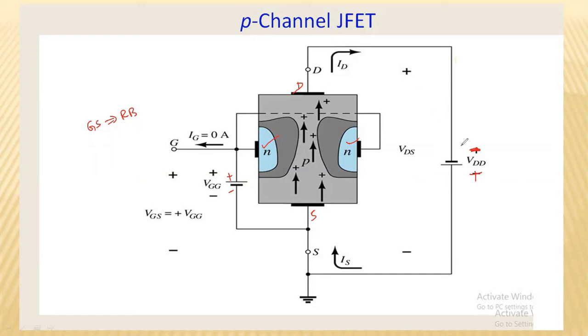In this case, the direction of current is the same as the hole flow, because holes are moving from source to drain. The conventional current direction is the same as the hole flow. Therefore, the drain current direction is from source to drain. This is the difference between N-channel and P-channel.